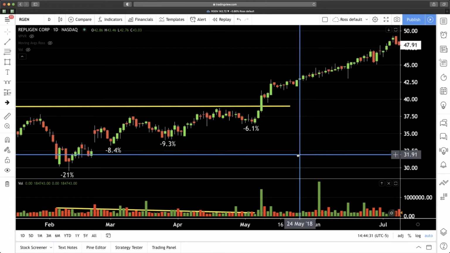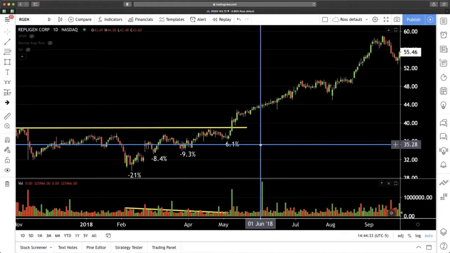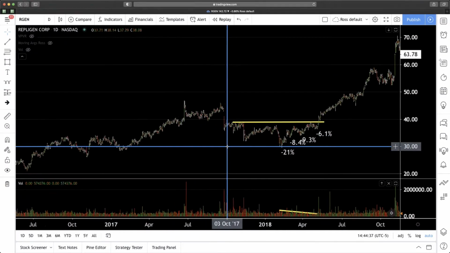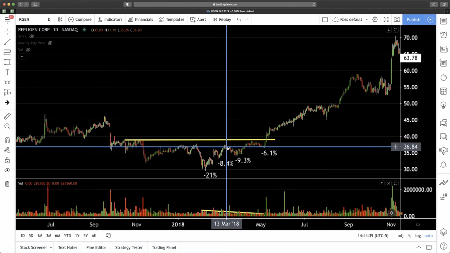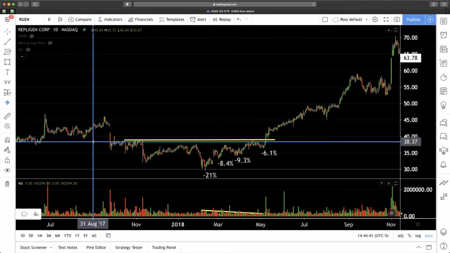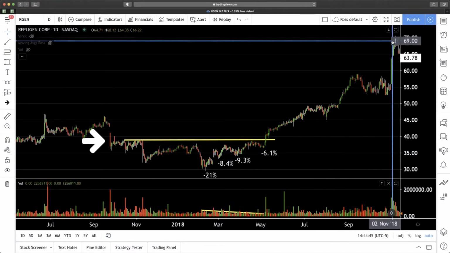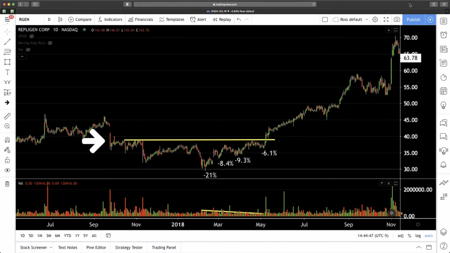Now, look, this stock ran to $70 a share. Had you bought it back here when it first dropped around $40 and ran it up to 70, you'd have made a nice little return, 70, 75% on your money, something like that, right? But it would have taken you over a year to do so.